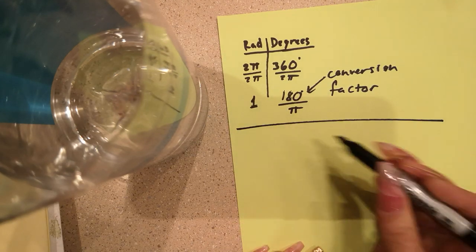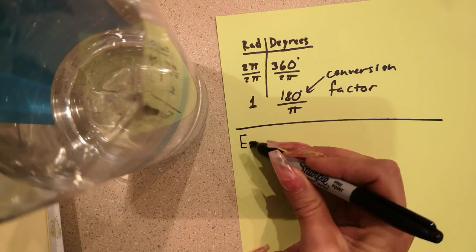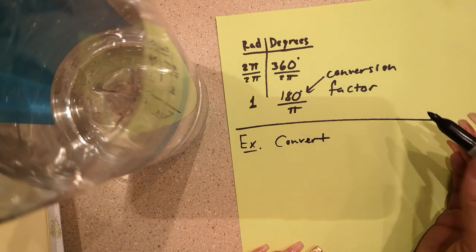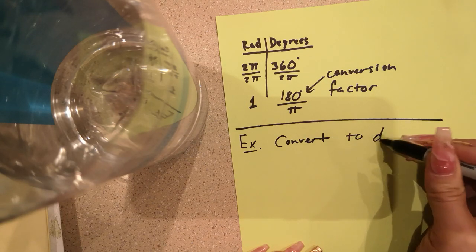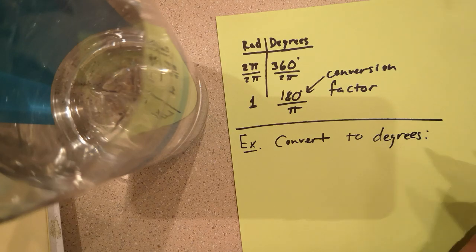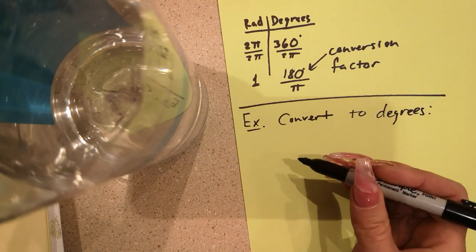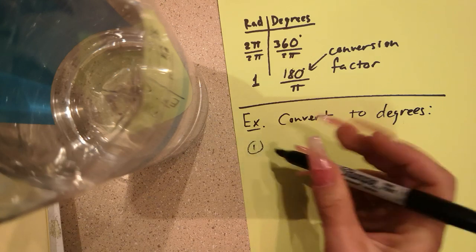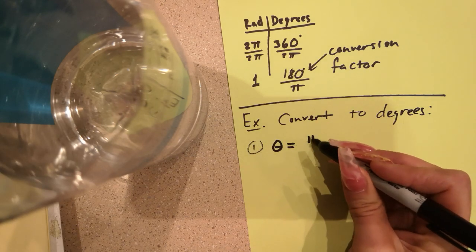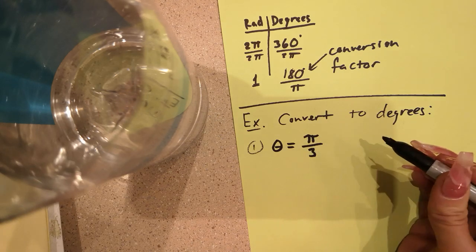So let me convert some angles now to degrees then. What about the angle theta equals pi over 3?